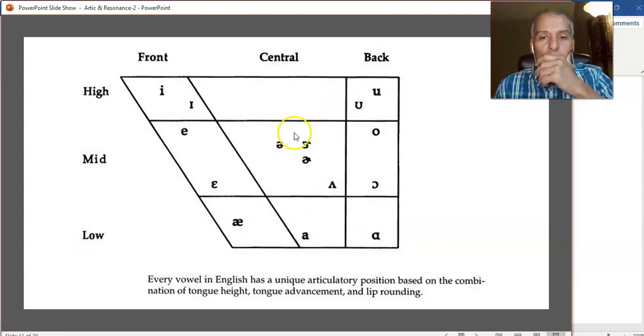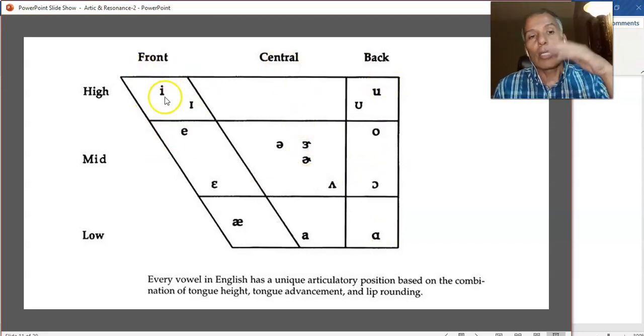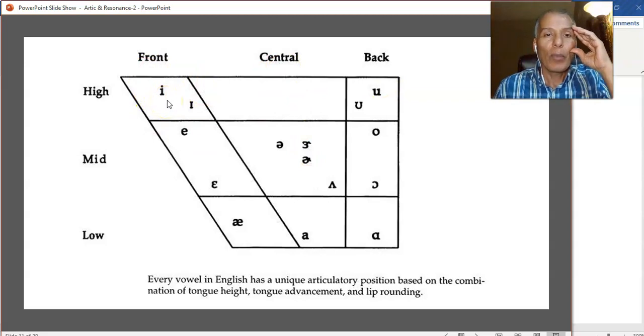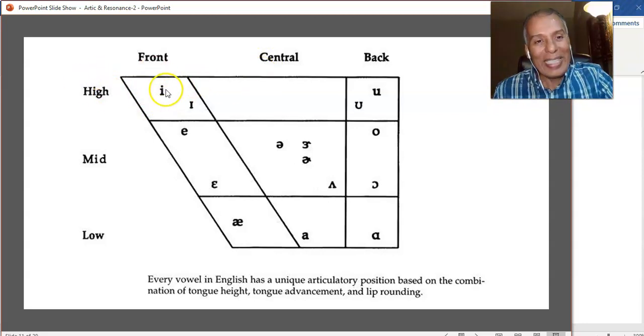Okay, let's move on to the front vowels. So all of these, the back vowels, 1, 2, 3, 4, 5, all of them are rounded except for one. So in case I ask you to name all the back vowels, all the front, all the central. So E, as in he, or fee, or feel, and this one is fill, and both of them are high.